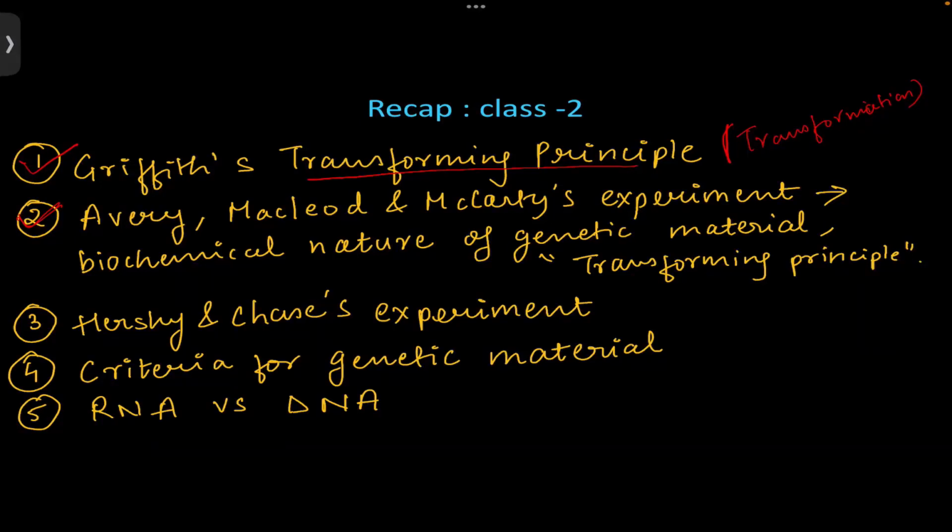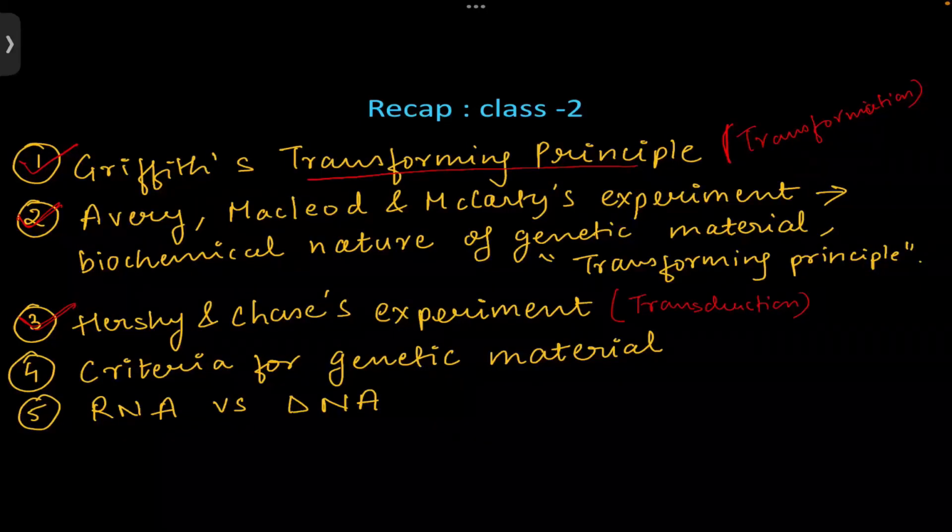Then came Hershey and Chase, who did the experiment that is called the transduction experiment using bacteriophage viruses. Their experiment conclusively proved without any doubt that DNA is in fact the genetic material, which contains all genetic information and gets passed on to the next generation of cells. What did they do?